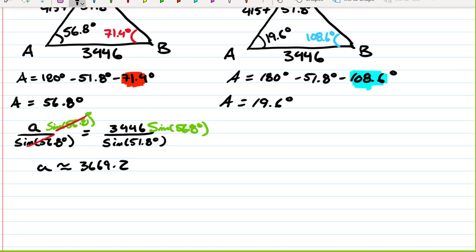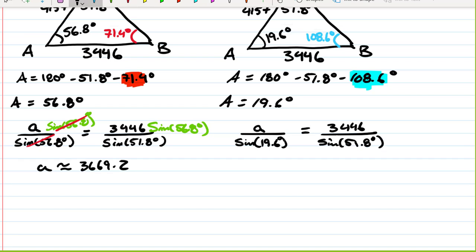And then we rinse and repeat, and we do the same thing for our other triangle. In fact, it's going to be exactly the same thing. We're going to have A over sine A, but our A in triangle number 2 is 19.6 degrees, is equal to 3446 all over the sine of 51.8 degrees.